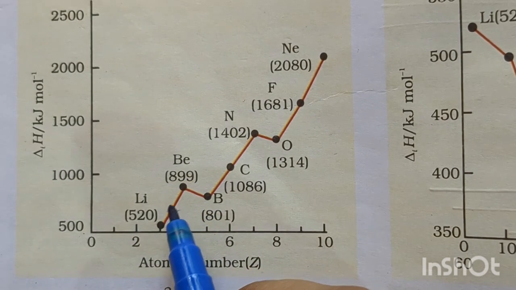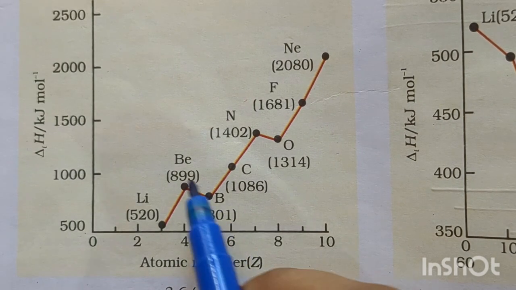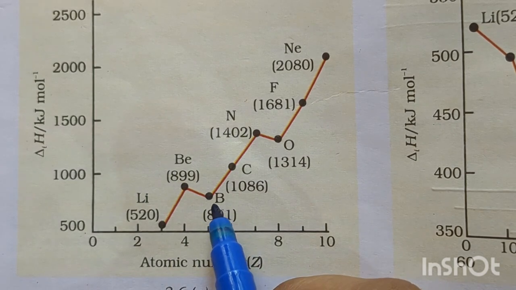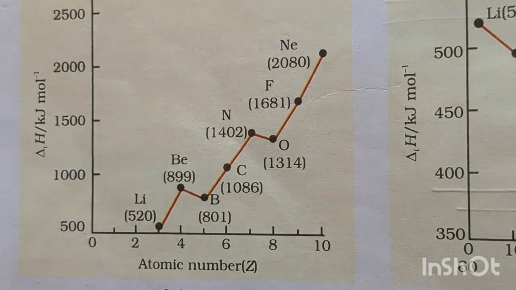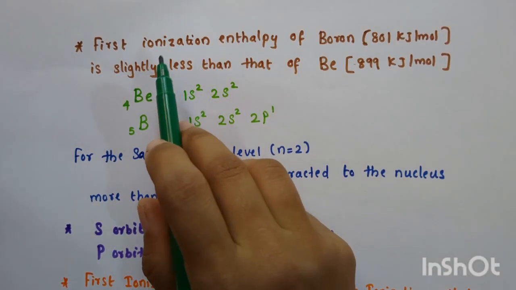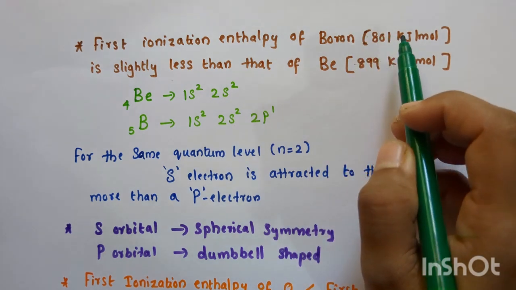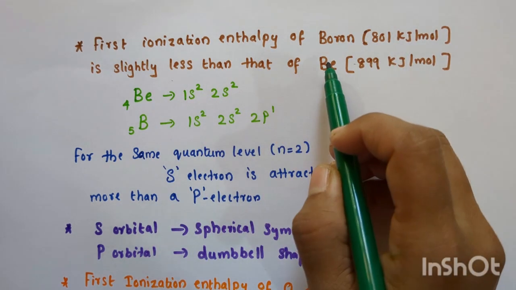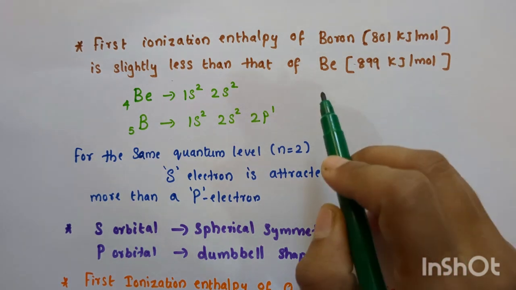That is, the first ionization enthalpy of boron is slightly less than that of beryllium, even though boron has greater nuclear charge. Beryllium has a first ionization enthalpy of 899 kilojoule per mole.